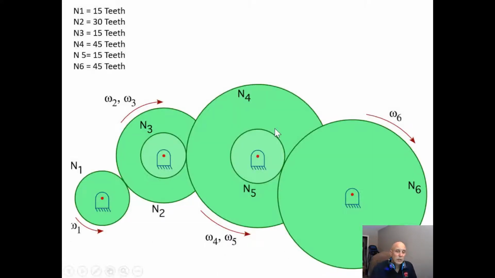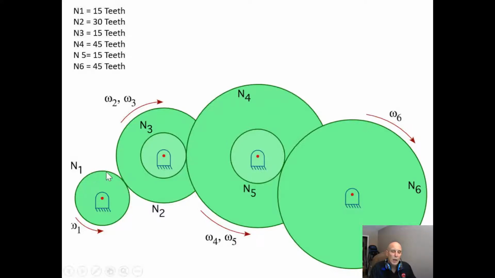Now, here's another compound gear ratio set where N1 is 15 teeth, N2 is 30, N3 is 15 teeth, N4 is 45 teeth, N5 is 15 teeth, and our output N6 would be 45 teeth.